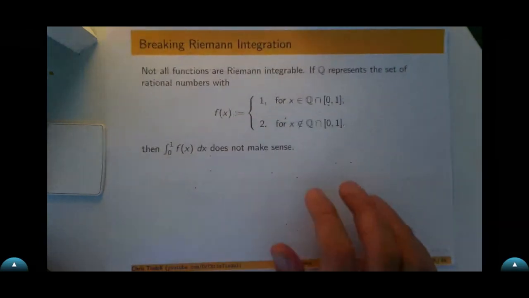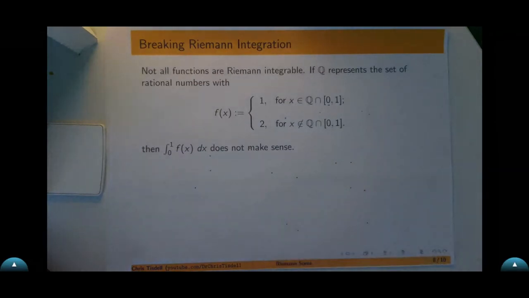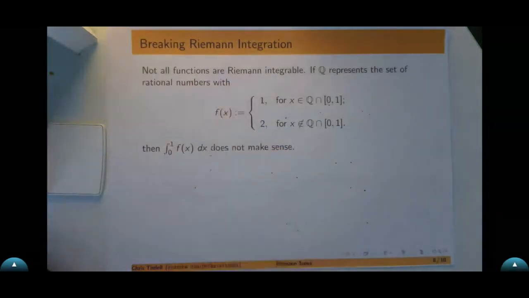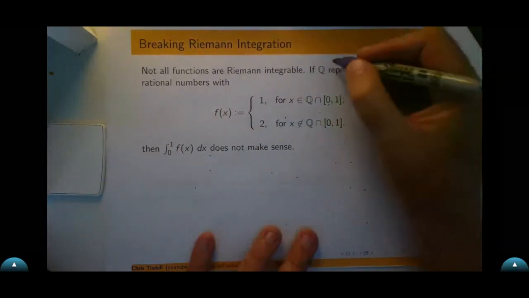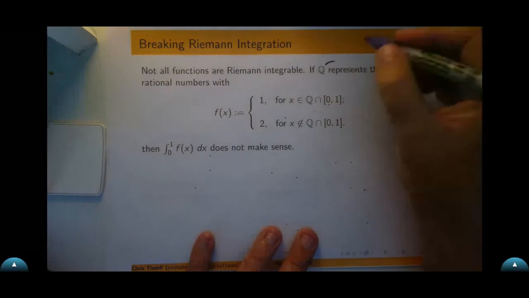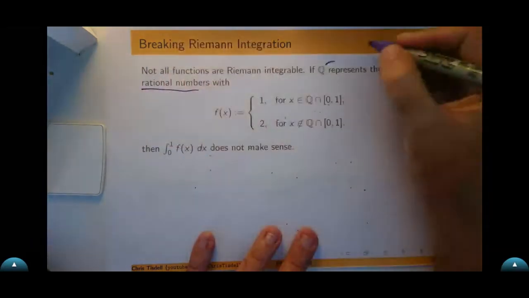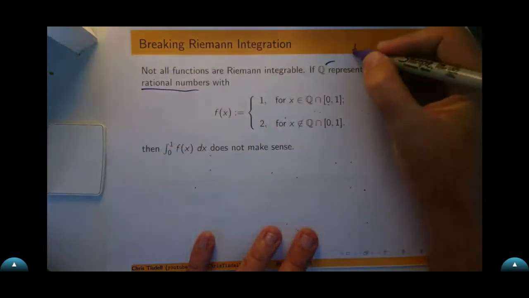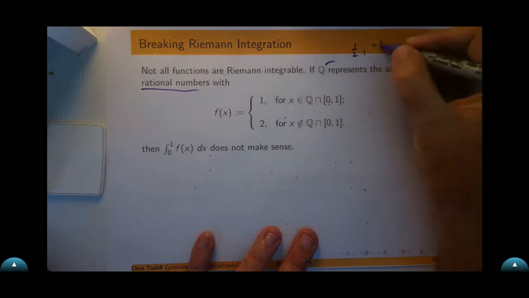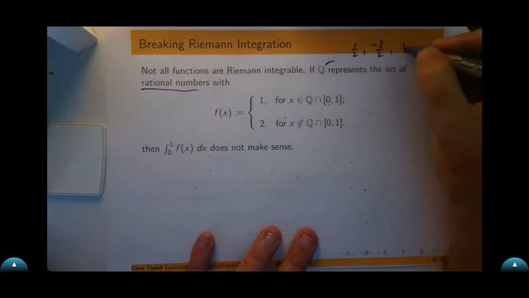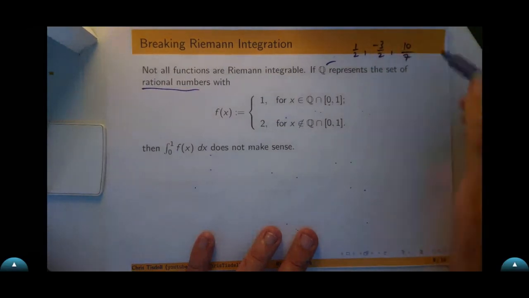All right, a couple of interesting examples. Not all functions have an integral. For the rational numbers, when we talk about rational numbers, it's like 1/2, -3 on 2, 10 on 7, those sort of things.